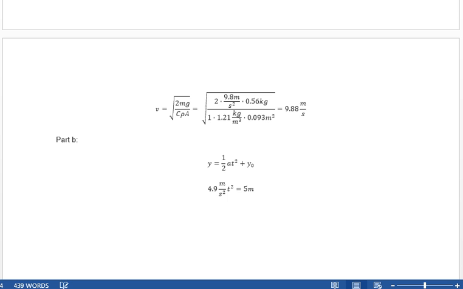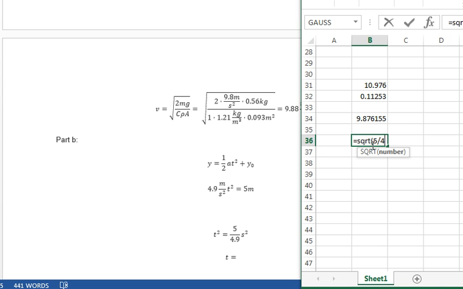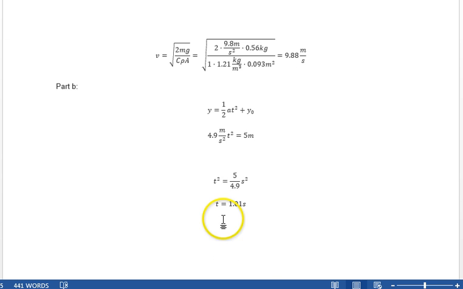And so this means we're looking for when t squared equals 5 over 4.9 seconds squared, or t equals the square root of 5 divided by 4.9, 1.01 seconds. T equals 1.01 seconds.